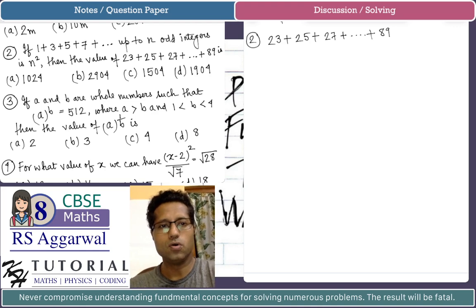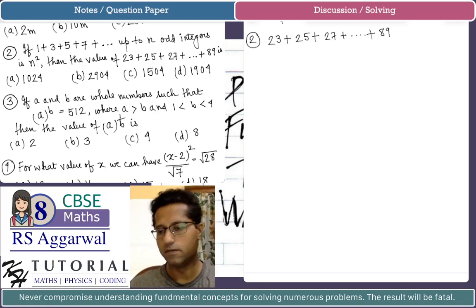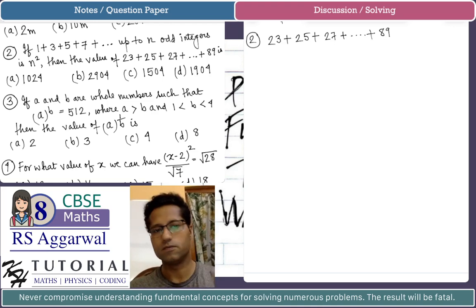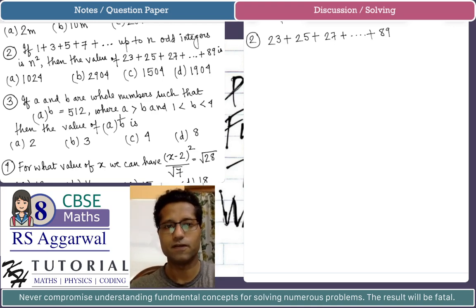We know that starting from the first odd positive number, the sum of consecutive odd positive numbers, 1 plus 3 plus 5 plus 7 up to n terms, is n square. Now how do we find 23 plus 25 plus 27? We can see that all these numbers are odd positive integers: 23 is odd, 25 is odd, 27 is odd, 89 is odd.